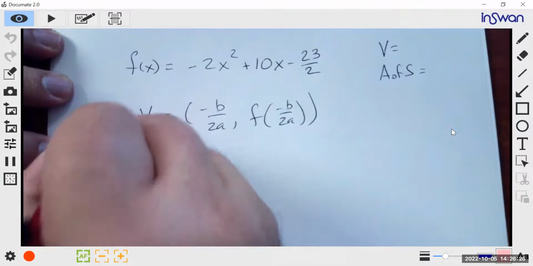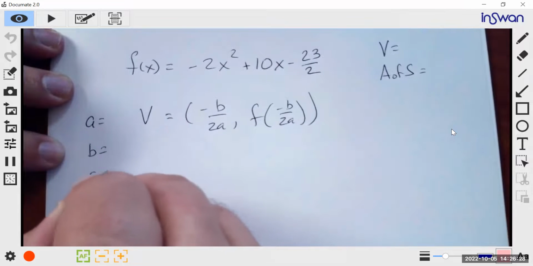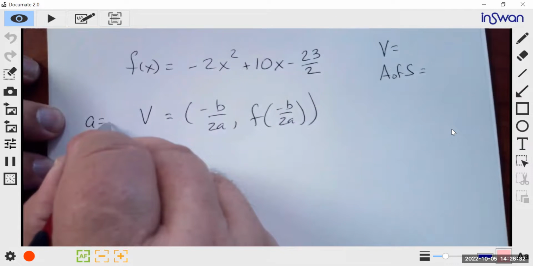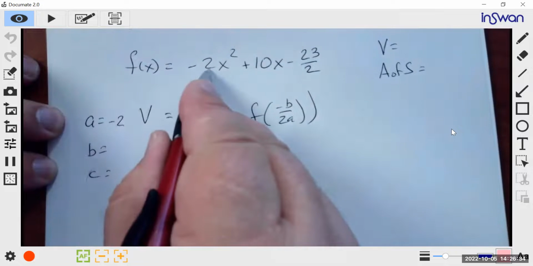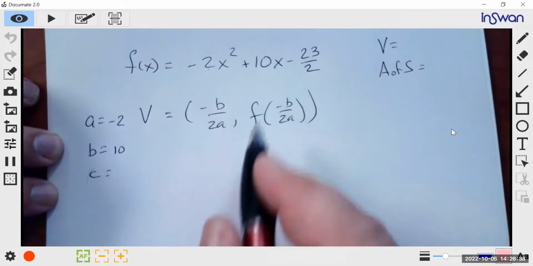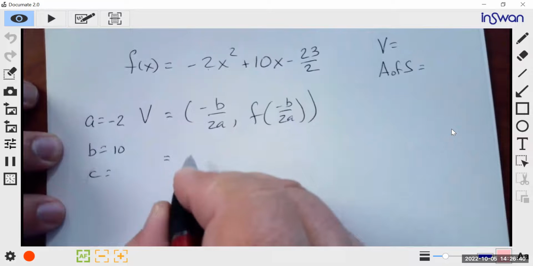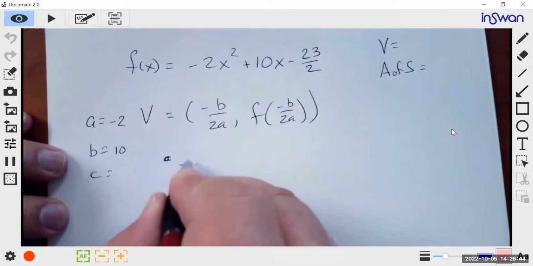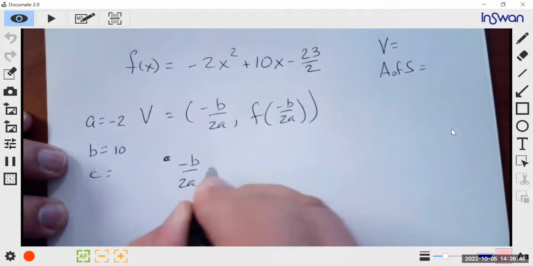So A, B, C. Well, all we need to see, what is A? -2. B is 10. We don't need C really. So -B over 2A.